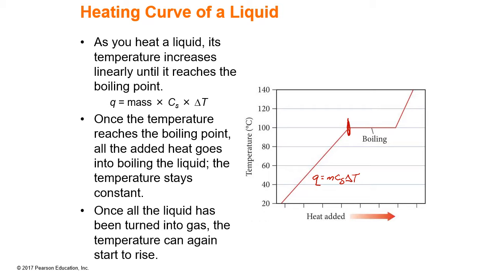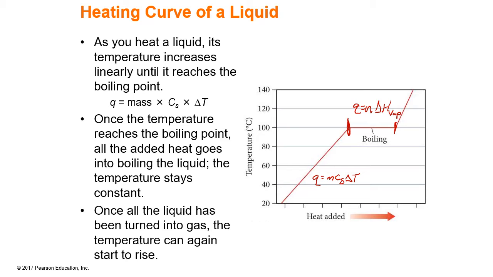Once we reach the boiling point, all of that energy that did go into raising its temperature now goes into converting the liquid molecules into the gas phase. So once we're boiling, the amount of heat is equal to the number of moles times the heat of vaporization, or the enthalpy of vaporization.